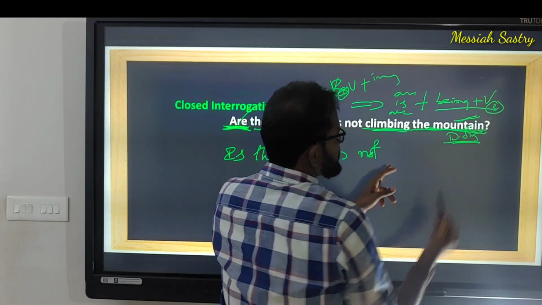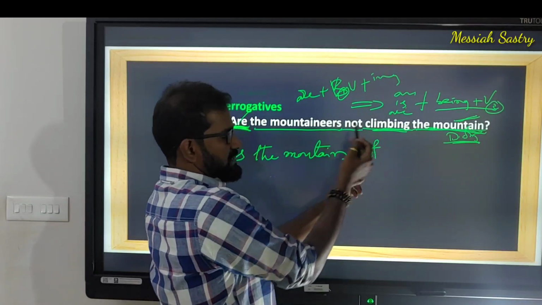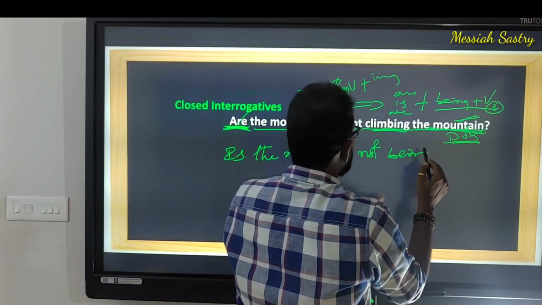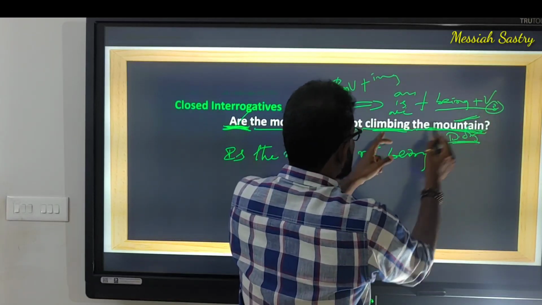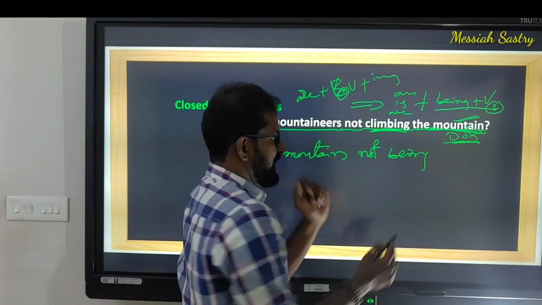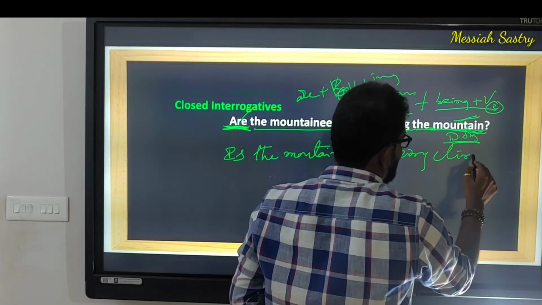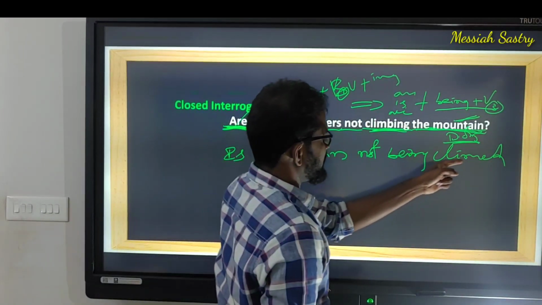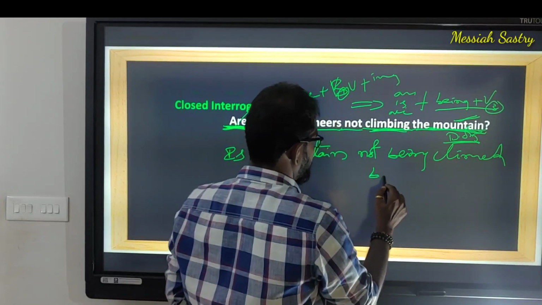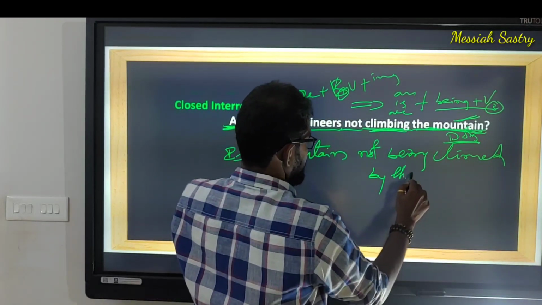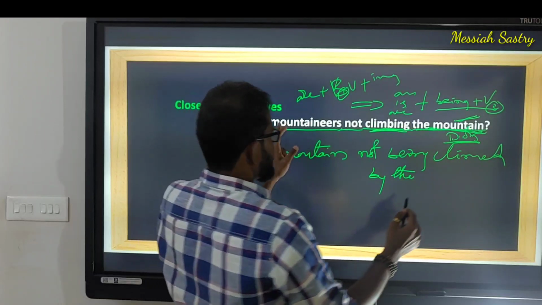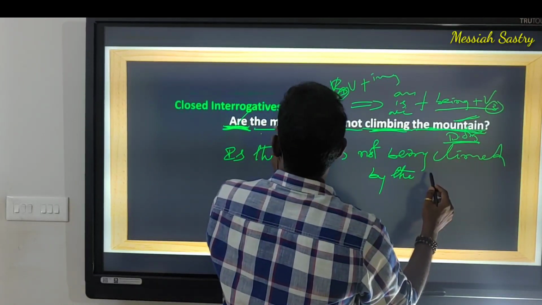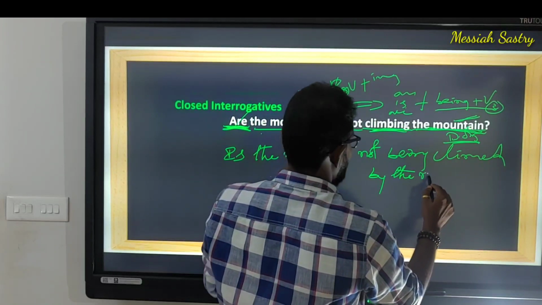Not, because it's a negative, we write not. Then write the remaining verb form: being V3. Climb, V3, climbed. Is the mountain not being climbed by the subject? Sorry, the doer becomes the agent in passive voice. Who is the doer here? The mountaineers.